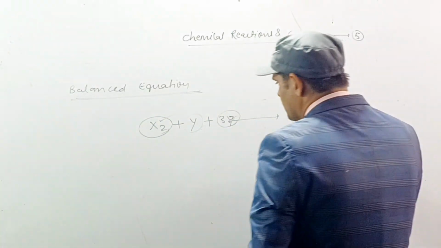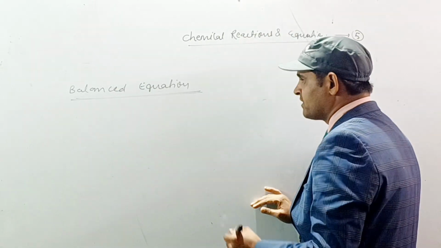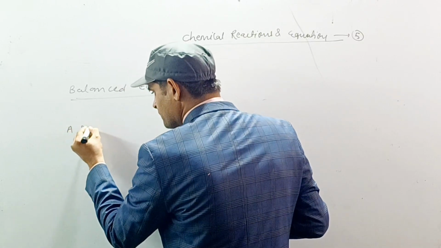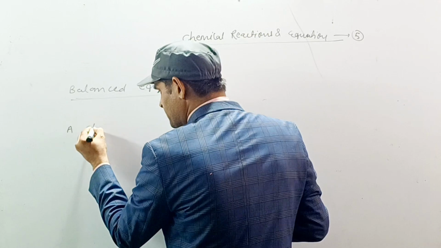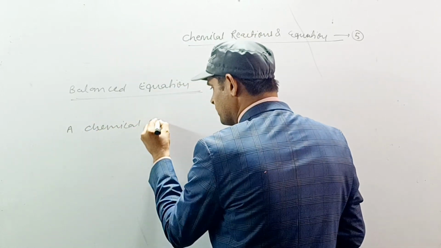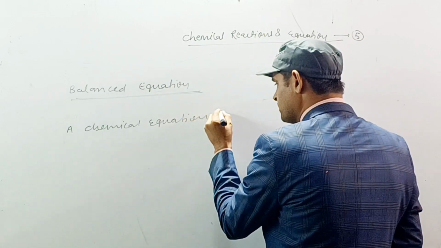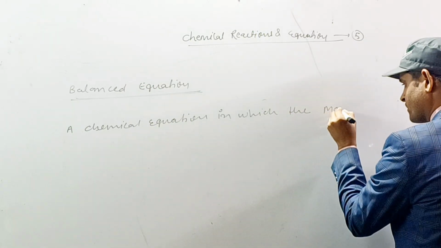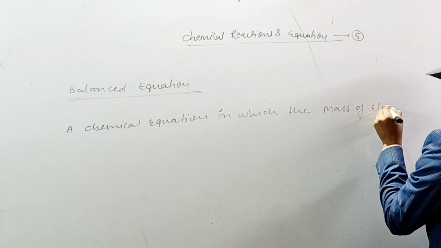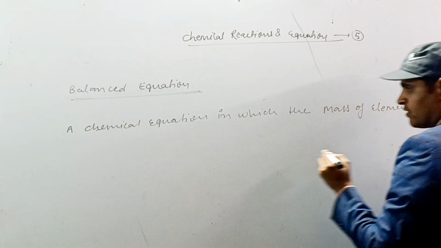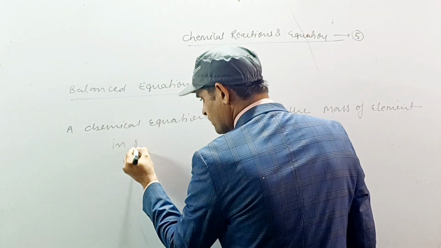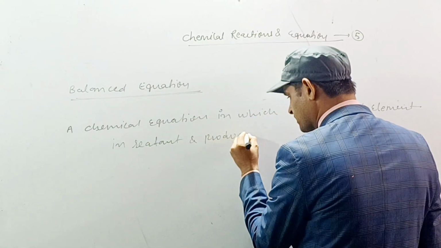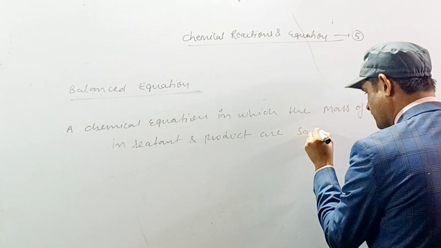So we will write it this way: a balanced equation, a chemical equation in which the mass of the element in reactant and product are the same.